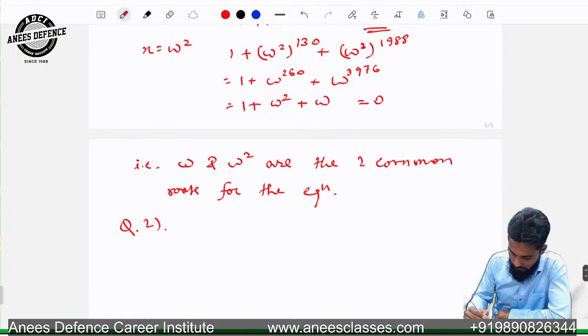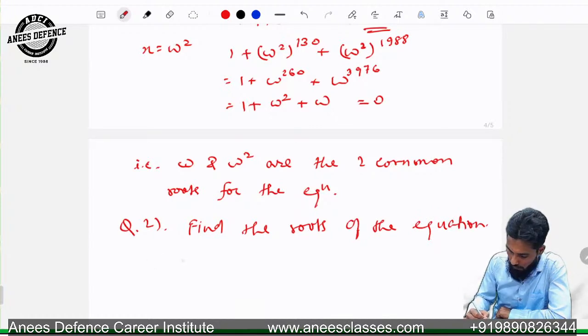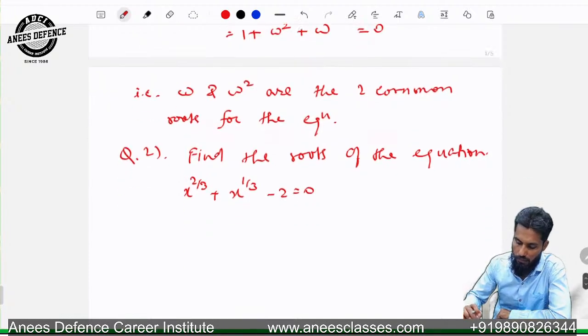The question is like this. You have to find the roots of the equation, and the equation is x raised to 2 by 3 plus x raised to 1 by 3 minus 2 equal to 0. Okay, please try this question.